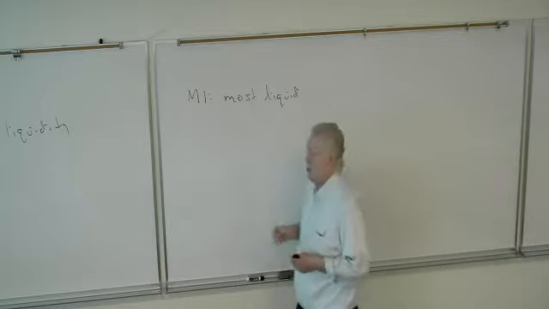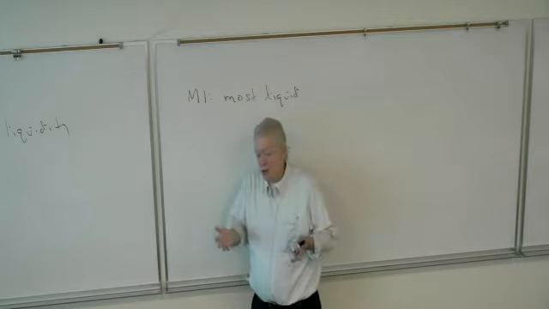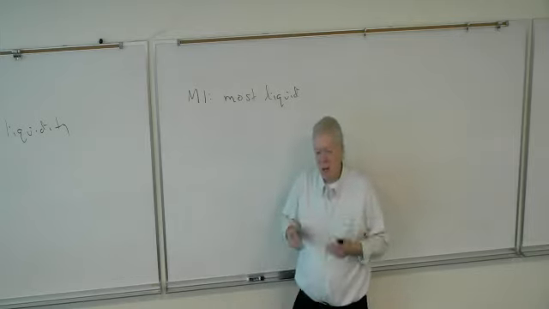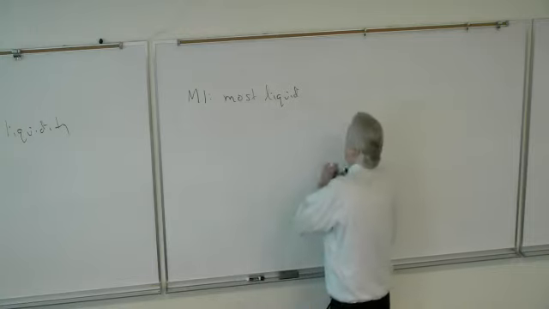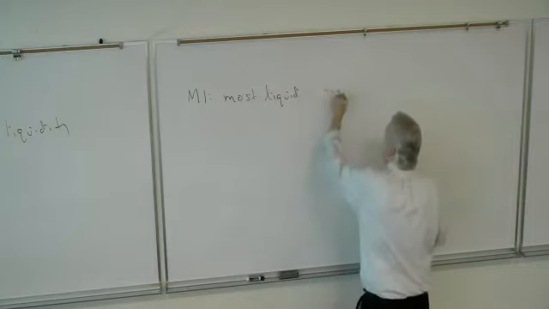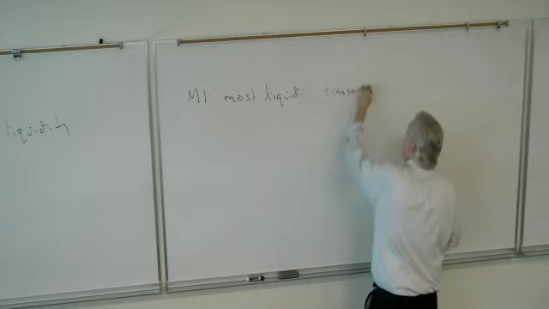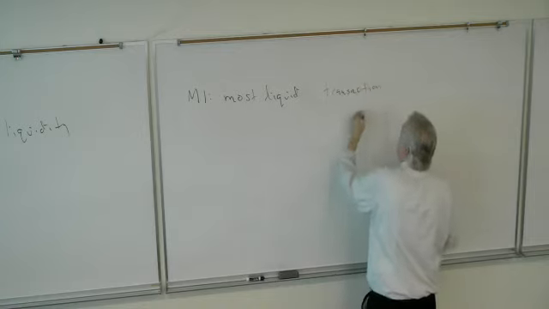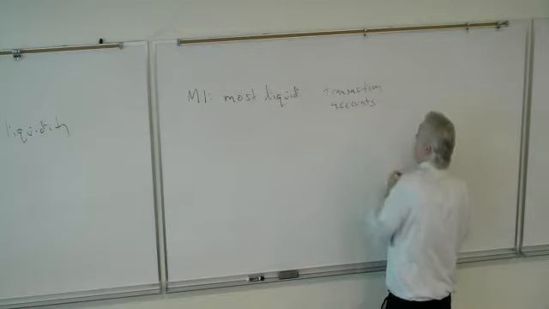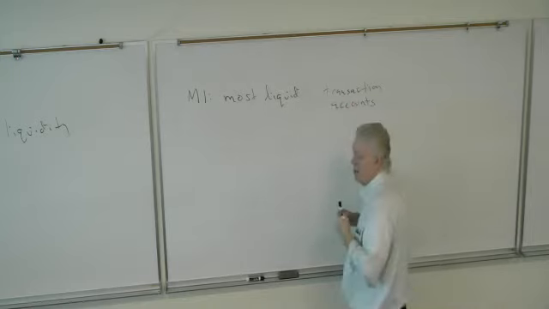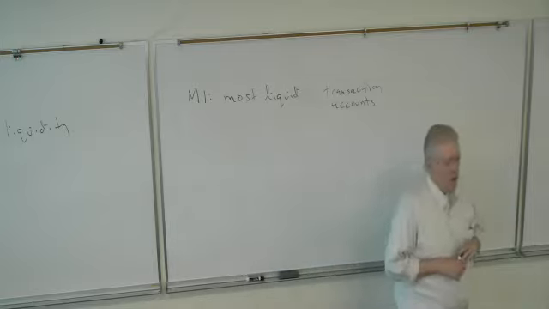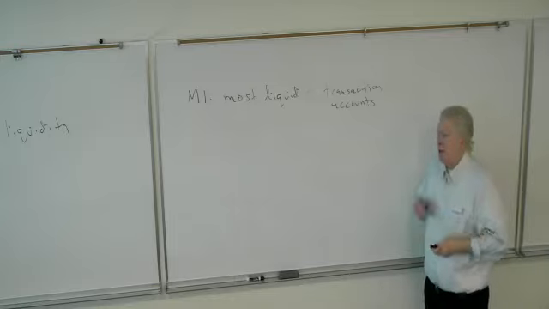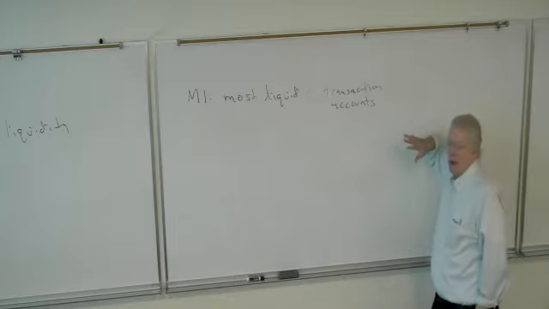So what goes into this category of M1? It's cash itself, which is about as liquid as you get. It's coin, it's checking deposits. In other words, primarily it's actually not so much cash and coin, but what are called transaction accounts. These are deposit accounts at depository institutions. Why don't I just say banks, because it's a bigger subject than just banks.